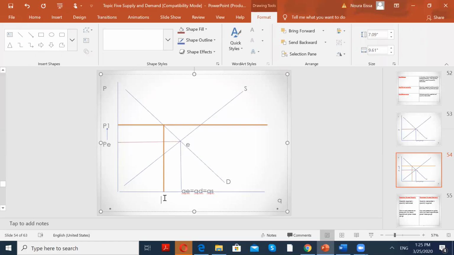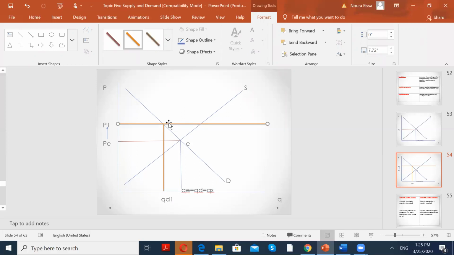Quantity demanded, 1. And this point right here is what? This is quantity on your supply curve. Let's show that. Okay, let's move these.